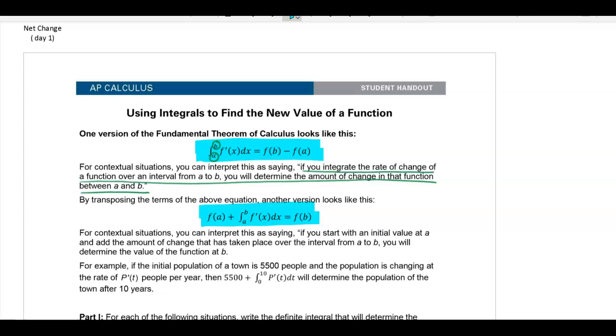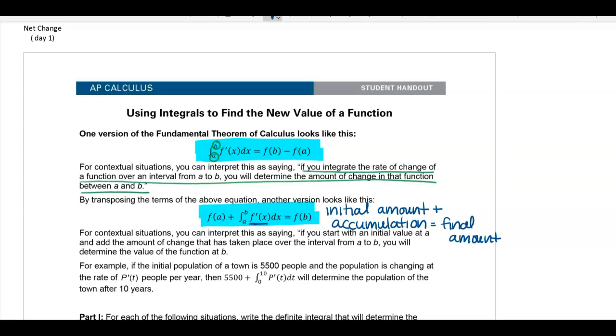Basically, what this means is we have our initial amount, which would be our f of a, plus our accumulation, or how much is added or accumulated, equals our final amount. Where this is coming from: right here, this is a rate.